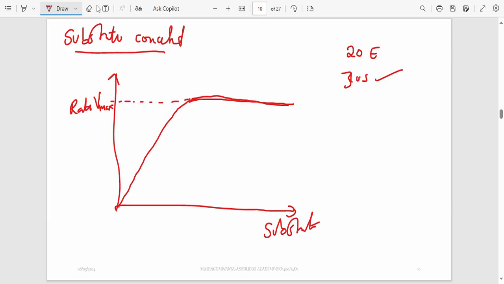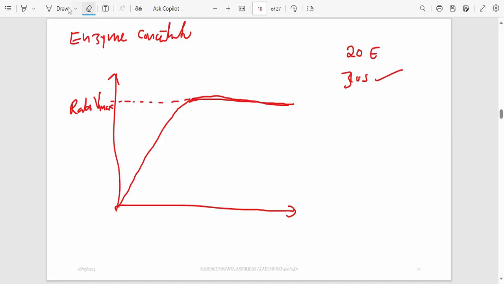This is also going to be the same if I change this and now start talking about the enzyme concentration. Enzyme concentration also affects the rate of the reaction and will also change the x-axis. It will no longer be substrate, but enzyme.